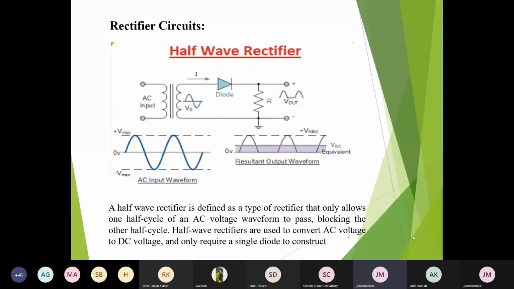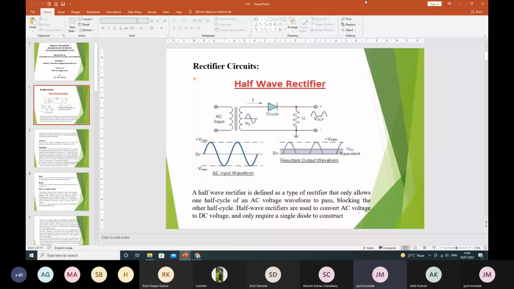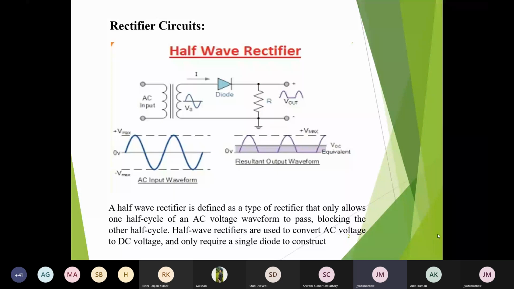The circuit diagram is right in front of you. The first component that is very important in the rectifier is a transformer.